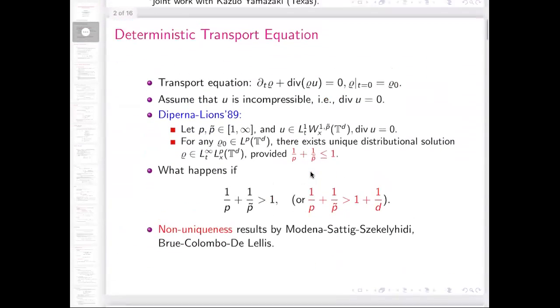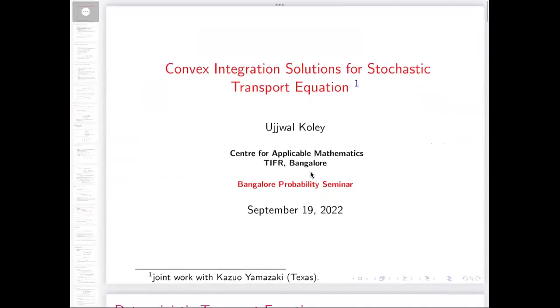My aim is to simplify things. I have decided to talk about the transport equation, but my entire analysis will go through for, for example, the stochastic Navier-Stokes equation. But since for Navier-Stokes you have to work with matrices, things are not that straightforward.